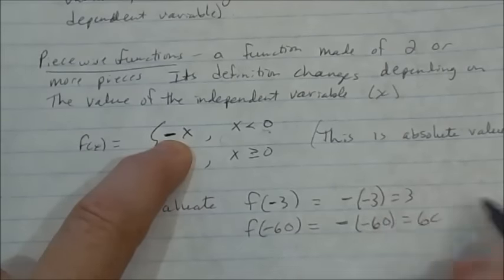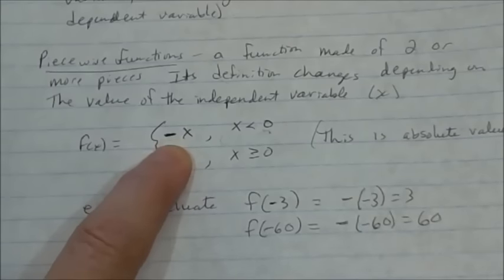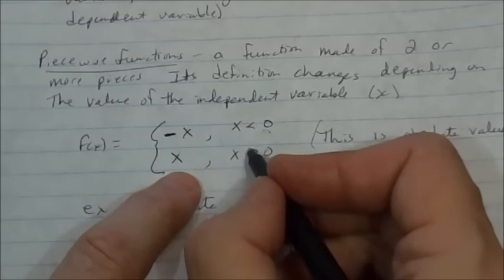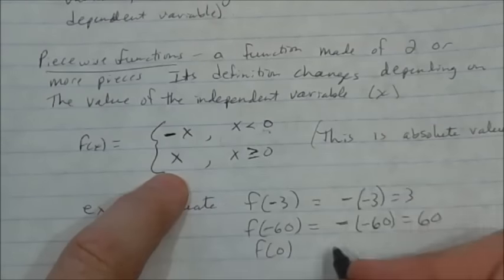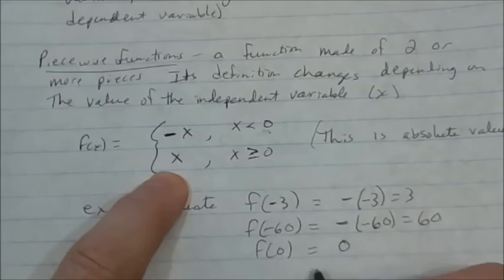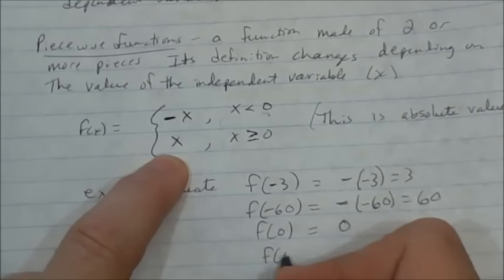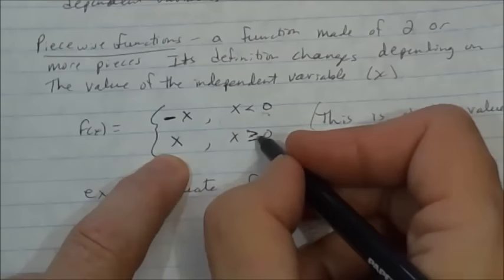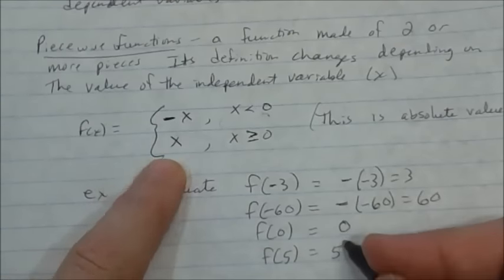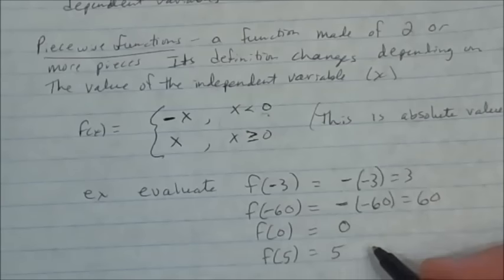Negative negative 60 is positive 60. Let's do f of 0. Well, f of 0 is at the breaking point, but 0 is greater than or equal to 0, so f of x is just x, and x is 0 in this case. And let's do f of 5. Well, 5 is greater than or equal to 0, so f of 5 is just the x value of 5. So you can see this is absolute value, just the way all of these have come out to be positive values of the input.